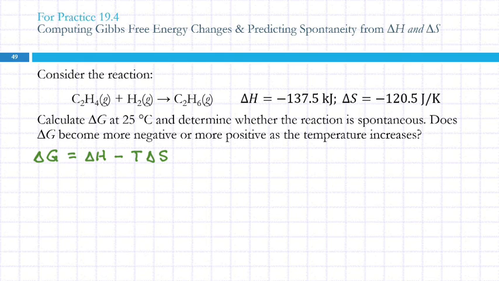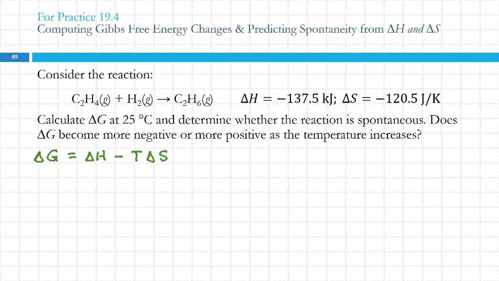The change in entropy should be negative, but we don't know how much negative, right? So they're telling us how much negative. And here again, we got to watch out for this kilo business, right? This is kilojoules, that's joules. It's going to be that way, and so we just have to deal with it.